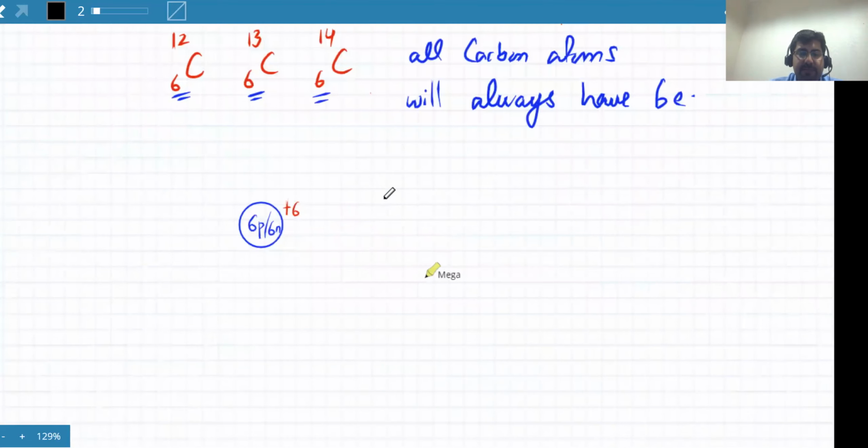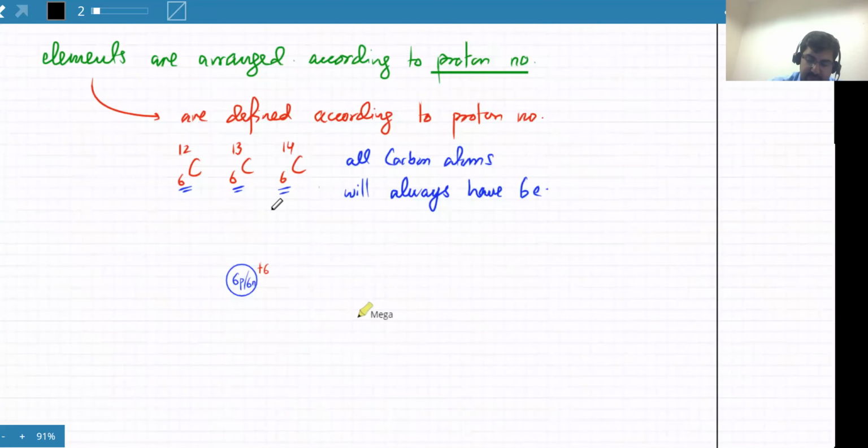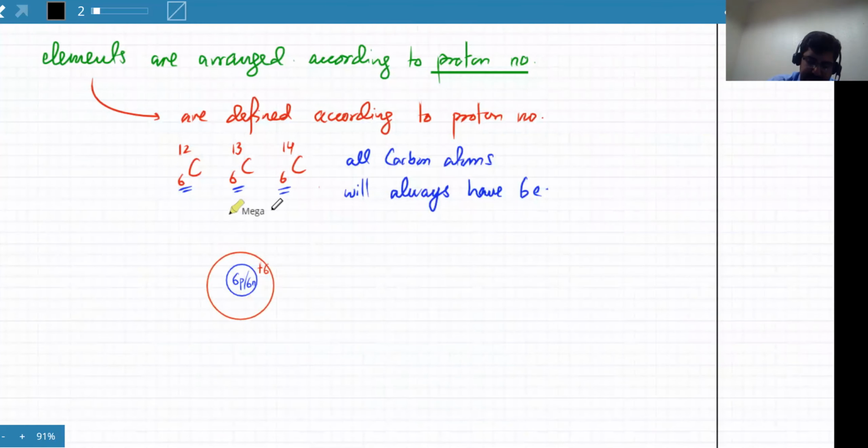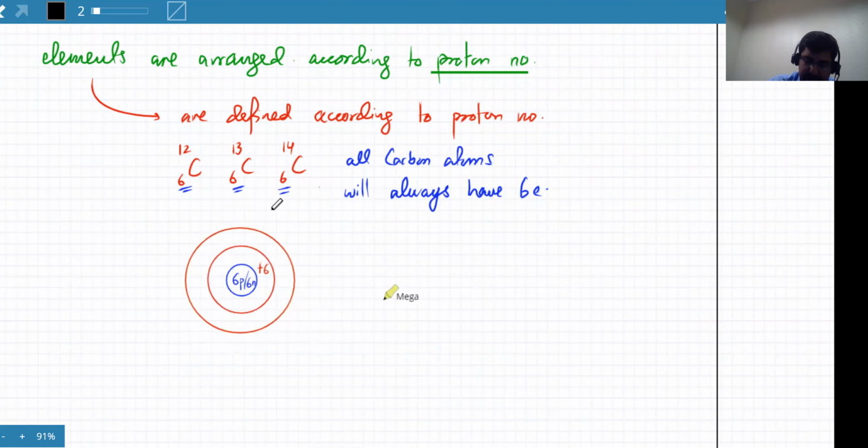So why is the nucleus positive? Because it has 6 protons, which is why a neutral atom would have 6 electrons as well. So here's a neutral atom and it has 6 electrons: 2 in the first shell and 4 in the second one.